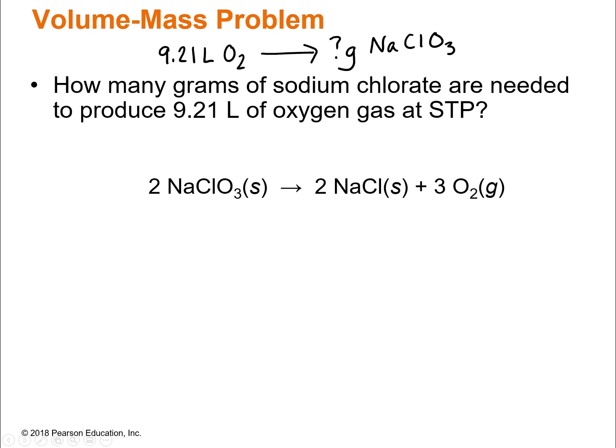So let's write out the plan for this one. We're starting with a volume of oxygen gas in liters. We're going to use molar volume to go from that to moles of oxygen.